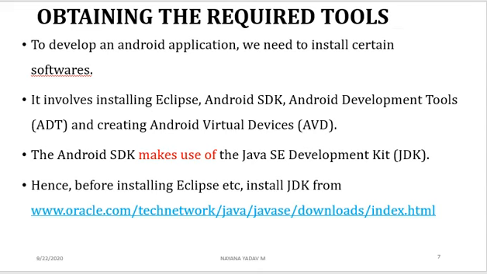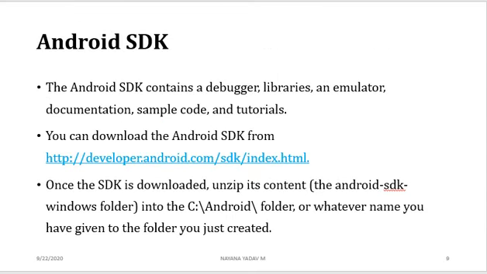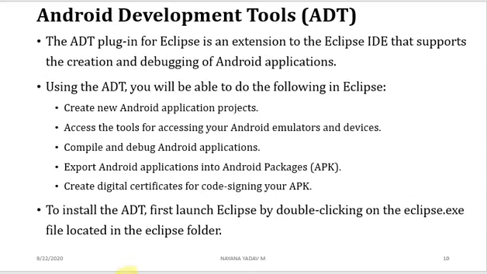So your textbook is saying that you require Eclipse. They've also given you the link from where you can download Eclipse, then the Android Studio, as well as the JDK. Okay.